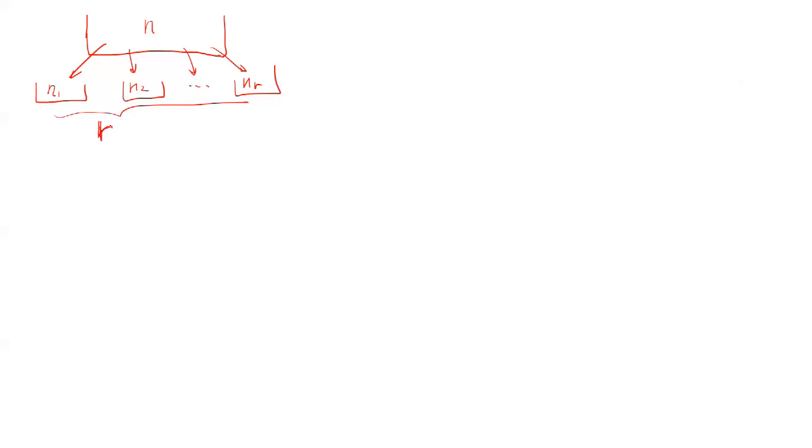There are R small groups, okay? And we also know that n1 plus n2 plus nr is n. So how many steps in total to complete this task? There are R steps, right?